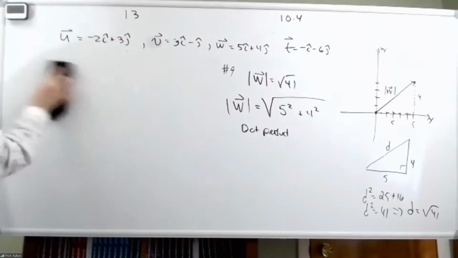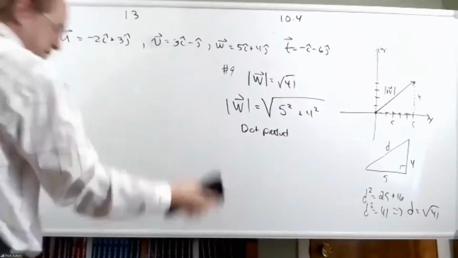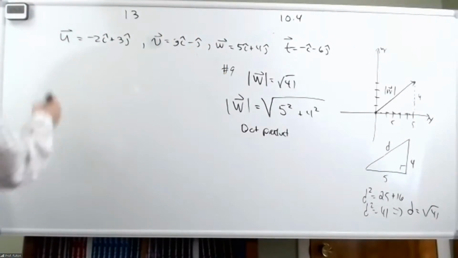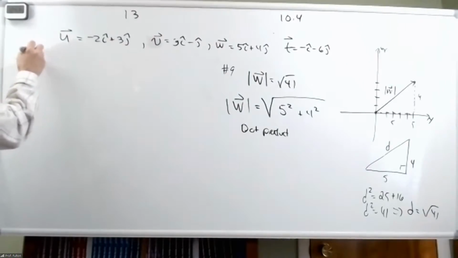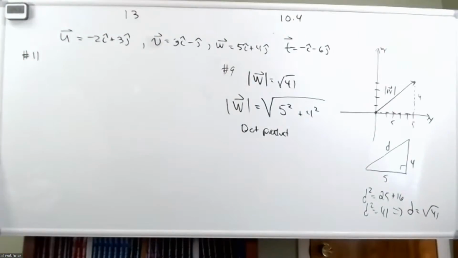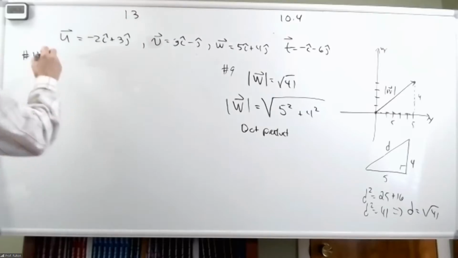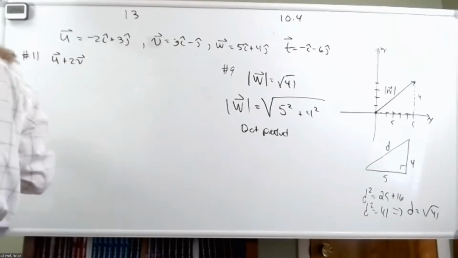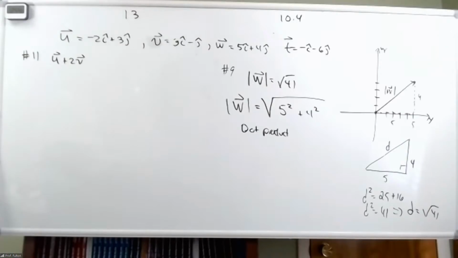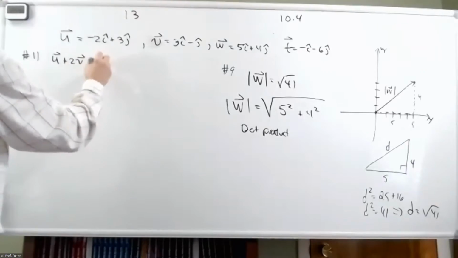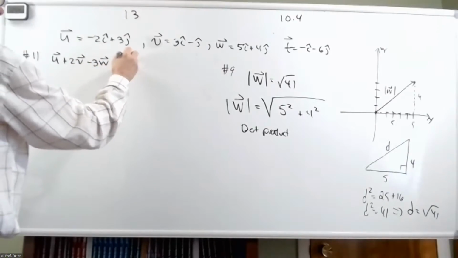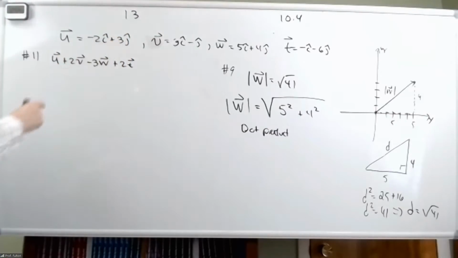Okay, so let's take a look at problem number 11 here. And what do they want? So it's u plus 2v minus 3w plus 2t. Okay, I'll set the same thing up.